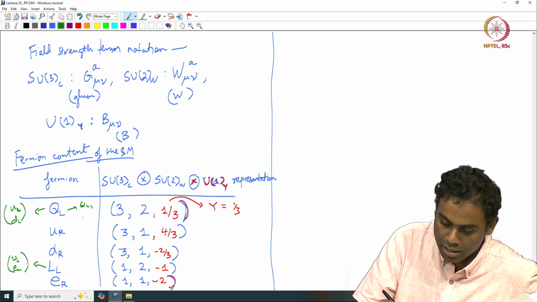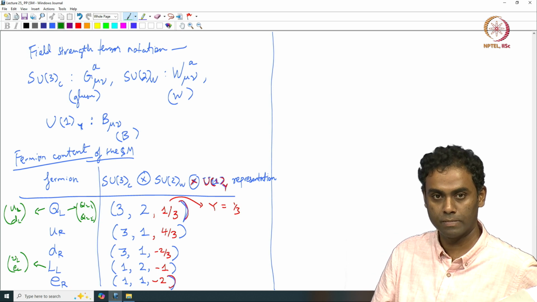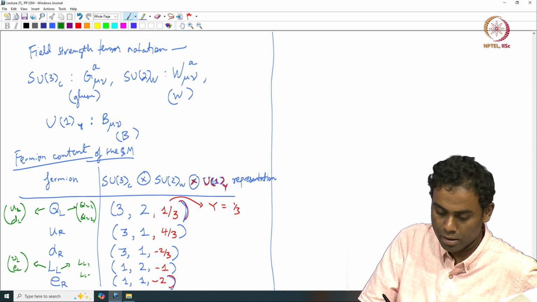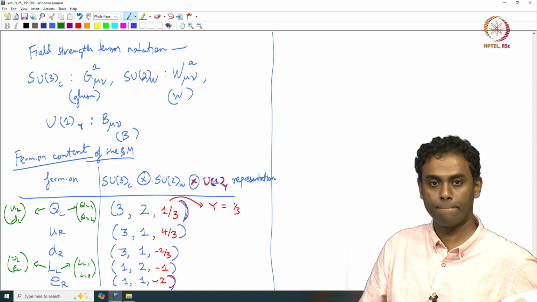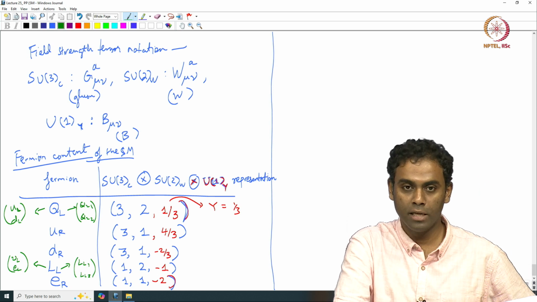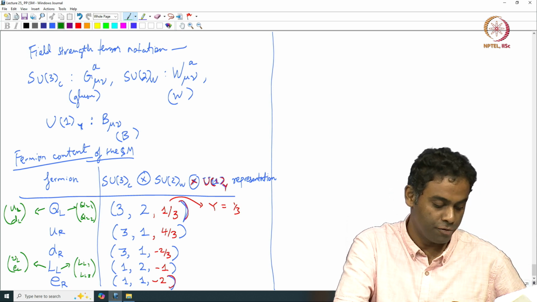If I want to write it as a doublet, I might as well call it QL1, QL2. That's good enough at this point. Similarly, I could have called this LL1 and LL2. Later we can assign meanings to what LL1 and LL2 are when we do symmetry breaking.